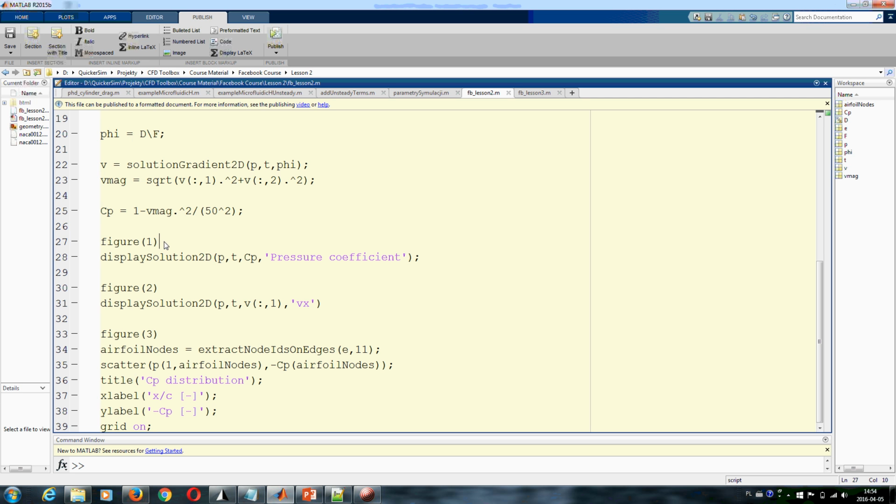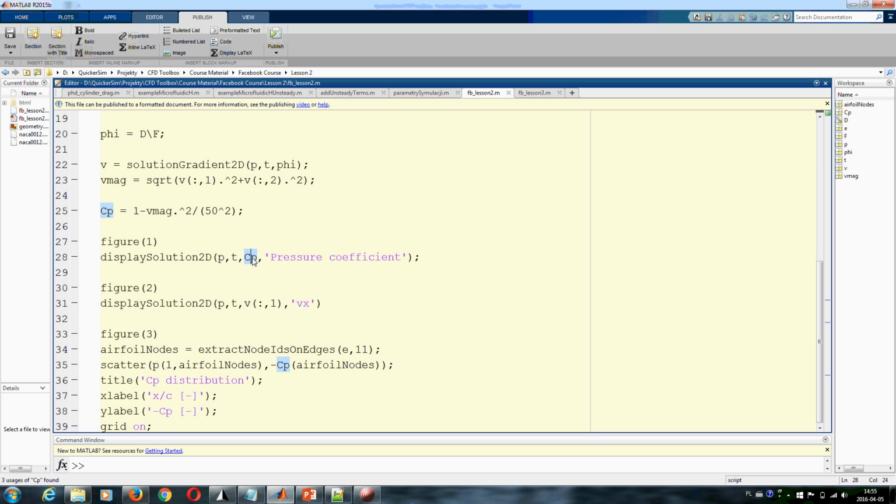So we open a new figure, and the function display solution to D is the usual function which is present in the toolbox to display scalar fields. And again you have to pass P and T information about the mesh.